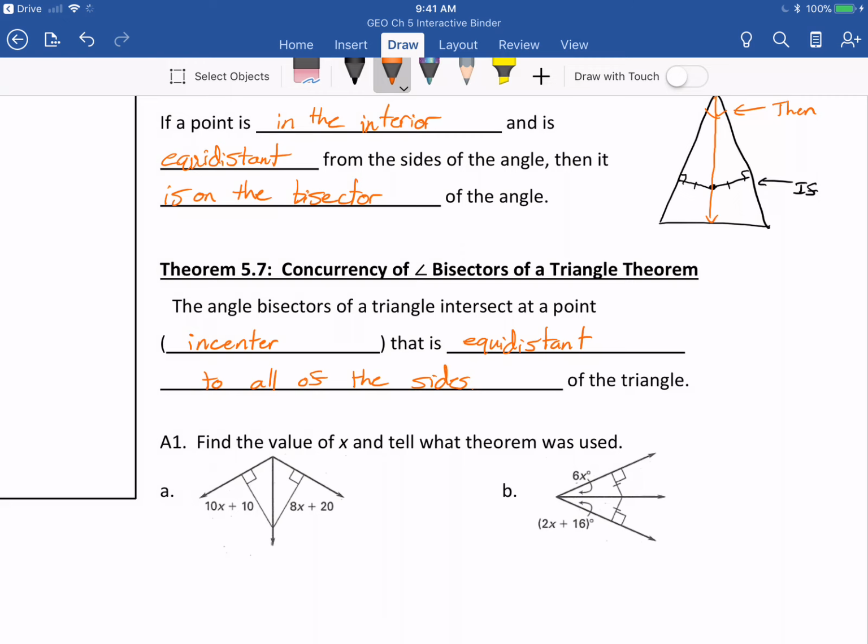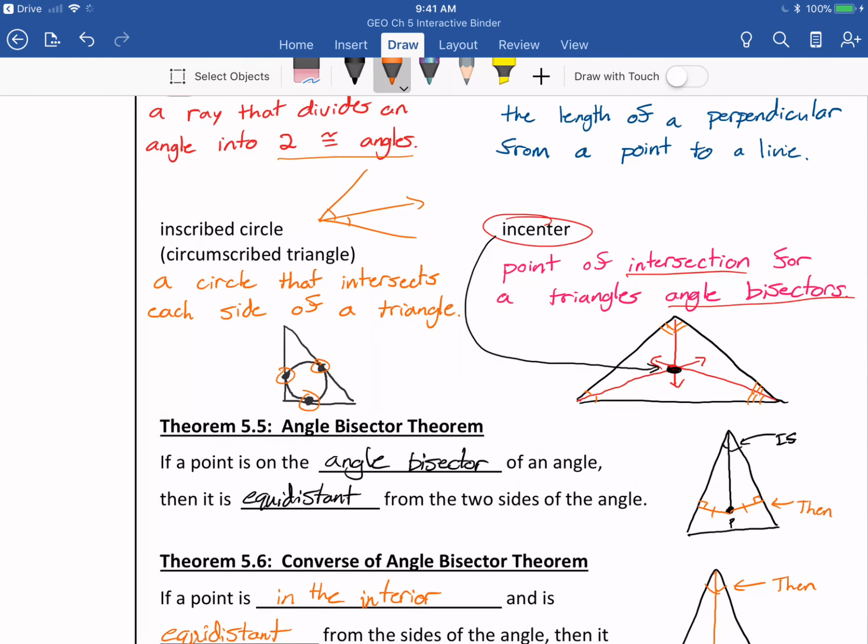So that means this point right here, if I go back up to my incenter, is the same distance here as here as here. So these are all right angles. These guys are all congruent to each other. All right, back up in that picture.